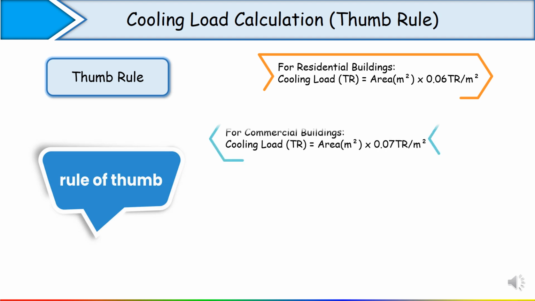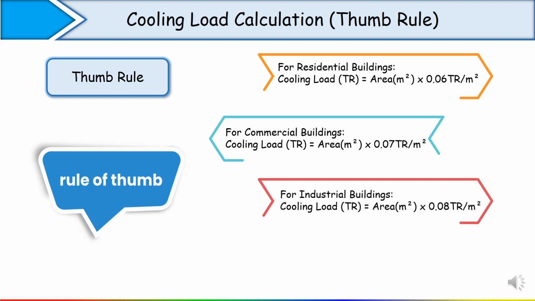And for a commercial building, the cooling load is equal to the area of that space in square meter into cooling factor value 0.07. And for an industrial building, generally the formula is the same, only here the cooling factor you have to use is 0.08 TR per square meter.